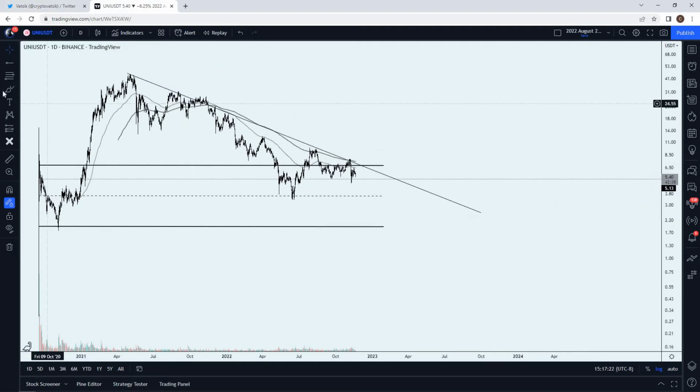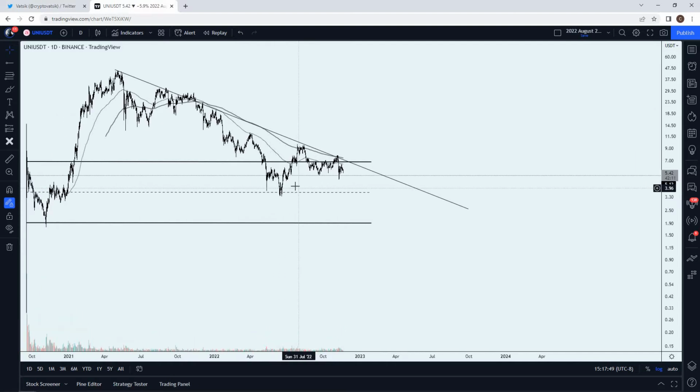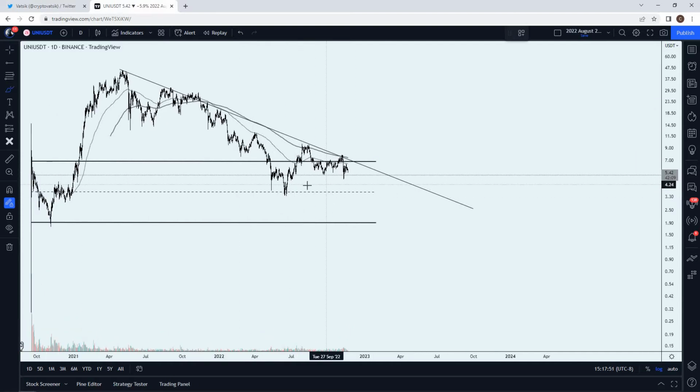But ultimately, I think that we've only tested this area of demand down here at the EQ once, and technically really only once, maybe twice, you could argue. But I would like to see us test this a lot more over time to really establish that as a bottom before convincing me that it's not going to head lower.